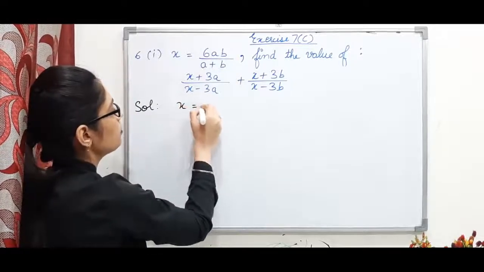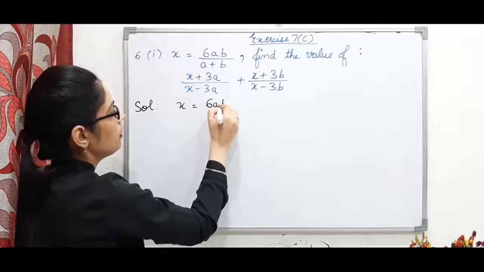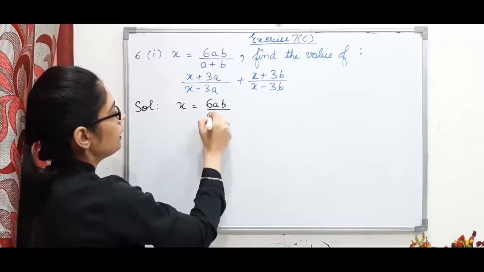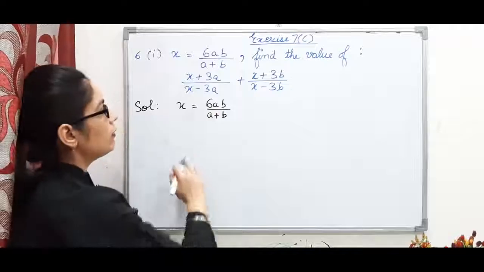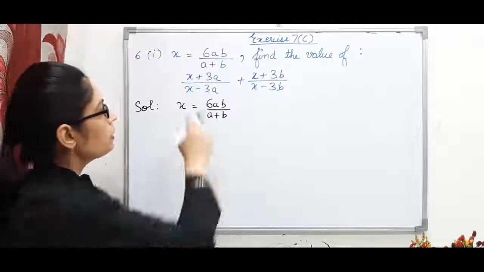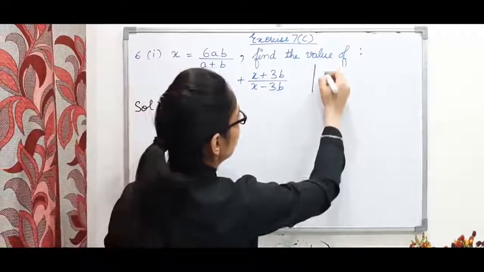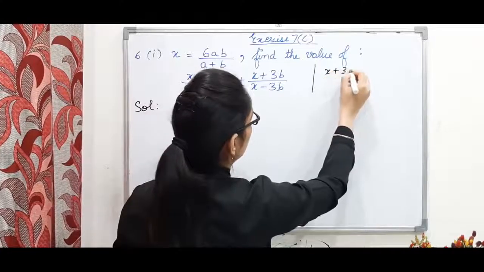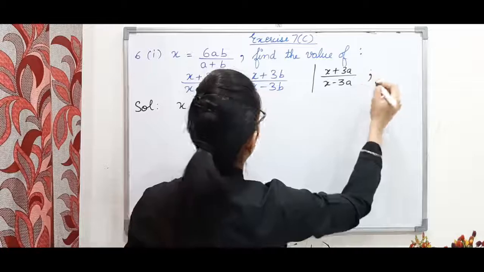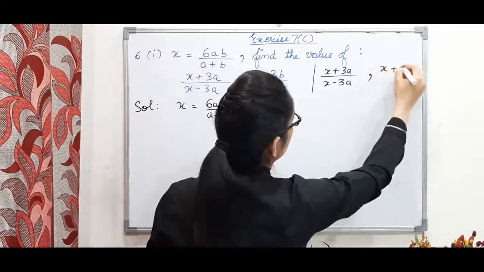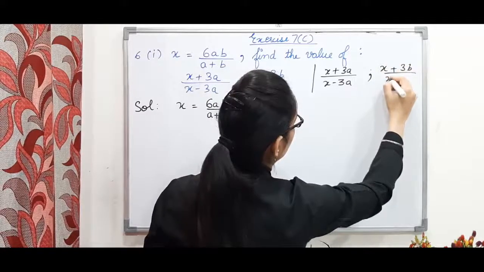So x is equal to 6a into b upon a plus b. This is given to us. Now we have to see what we need. I need terms with x + 3a upon x - 3a, and I need x + 3b and x - 3b.